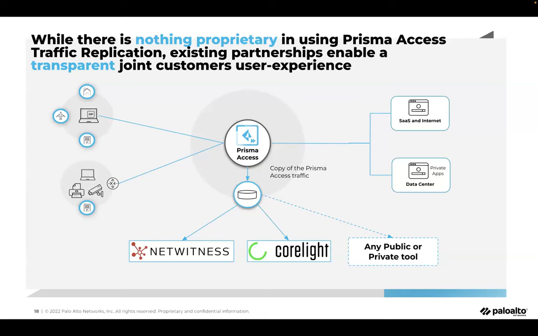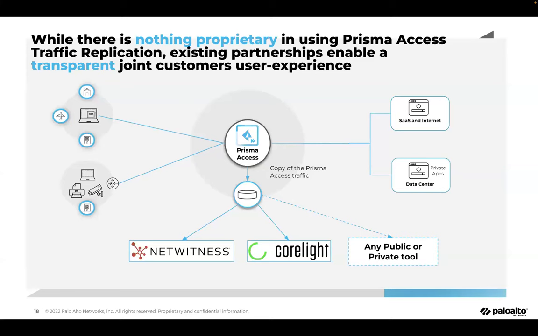We are in discussions with other vendors in a similar space to integrate. Why these integrations are important is these third-party vendors, both of them, have been great in working with us to make sure they adapt their ingestion mechanism to our way of exporting this copy of the traffic.